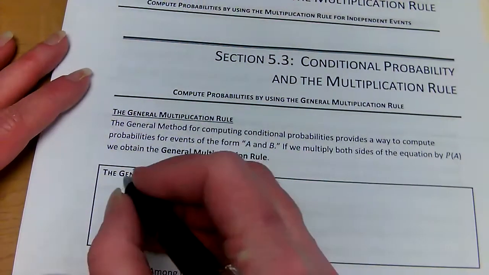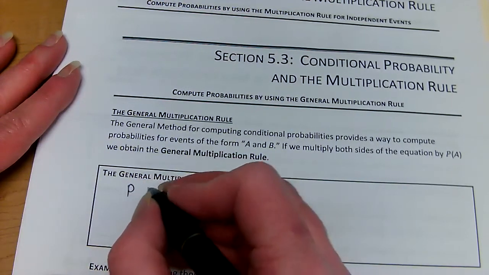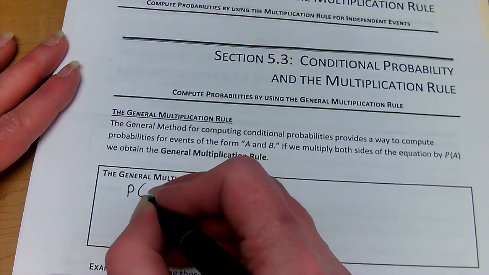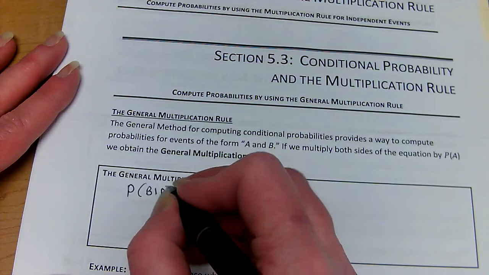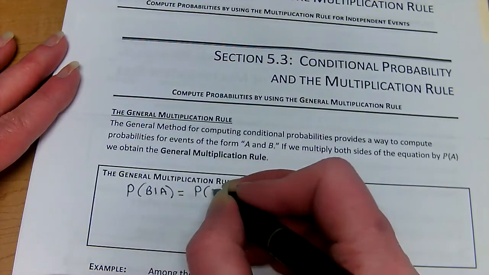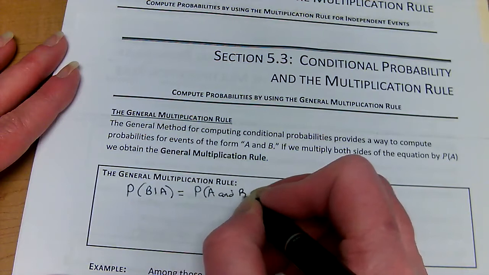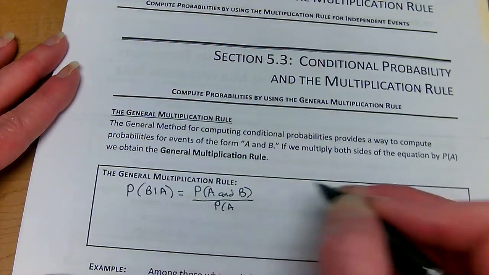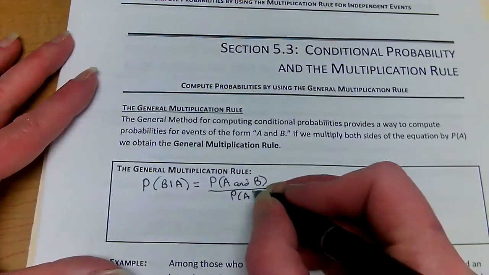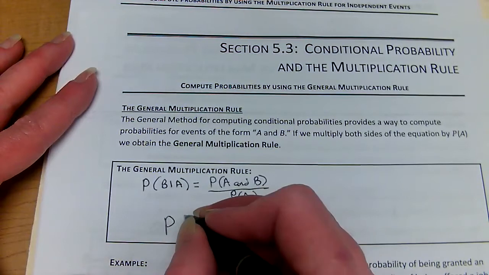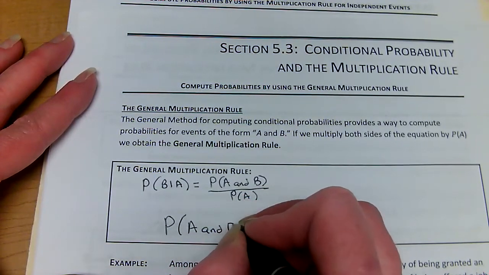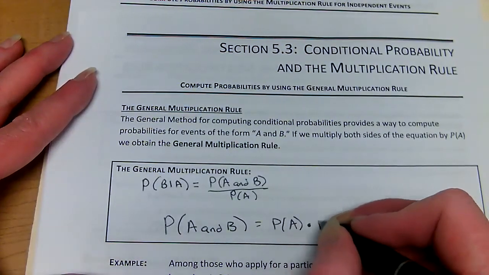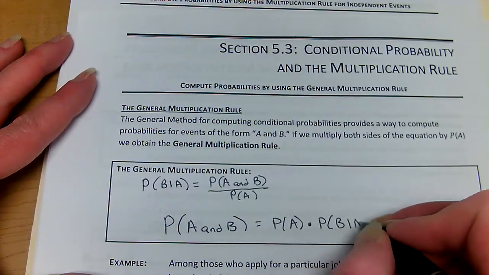If we're talking about the probability of B given A, that was the probability of A and B divided by the probability of A. Well, if I multiply both sides by the probability of A, I get that the probability of A and B is going to be the probability of A times the probability of B given A.